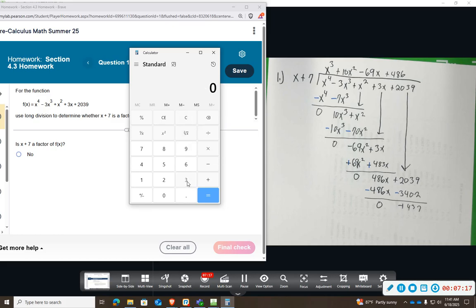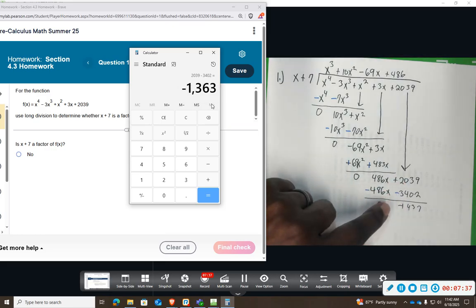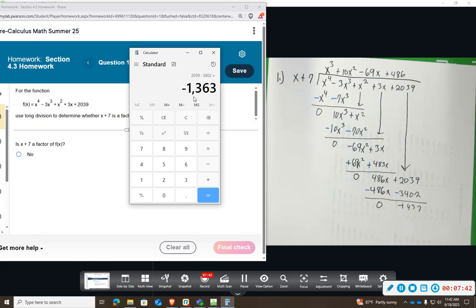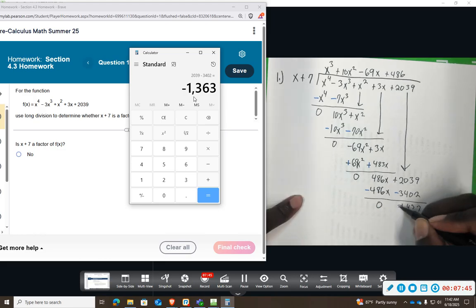Let's just do it this way. Yeah, I know I was doing that backwards. Need to flip those. So we get a negative 1363. Should be doing 2039 subtracting 3402. Okay, so we get a negative 1363.